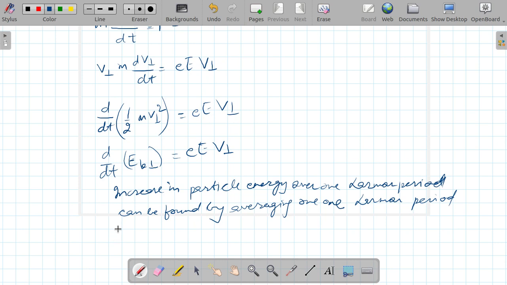So therefore, the change in kinetic energy, perpendicular component, over one Larmor period is equal to q E dot this, and this E can be taken outside and integrating over t.